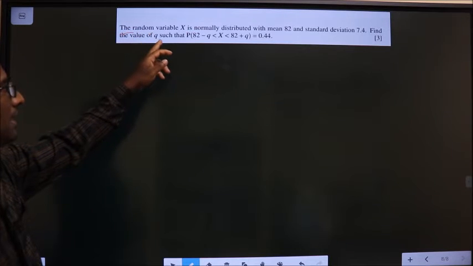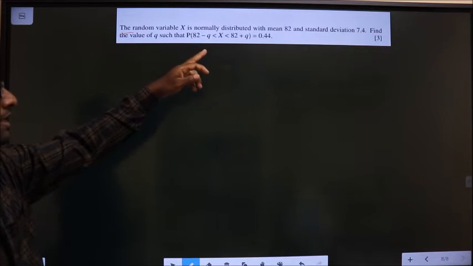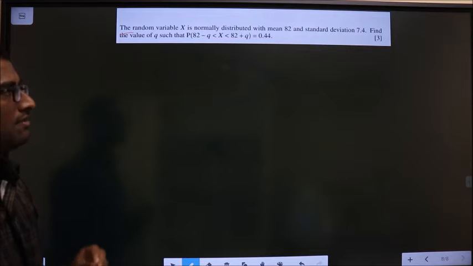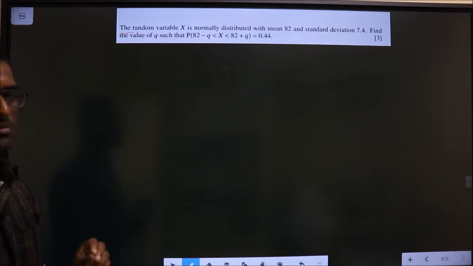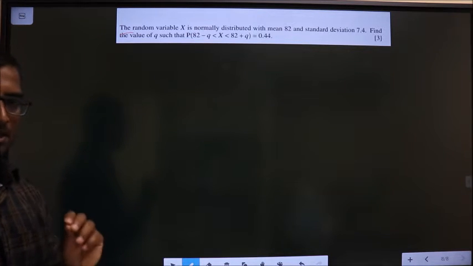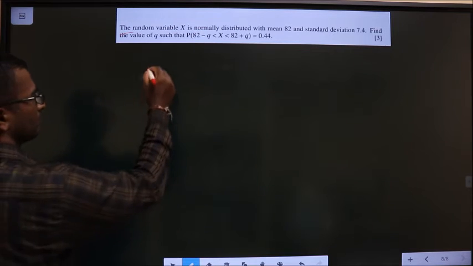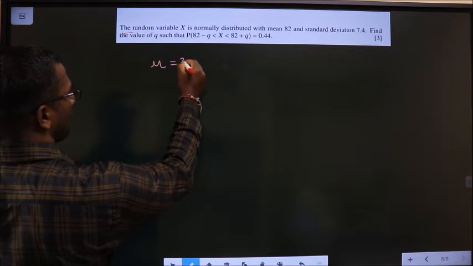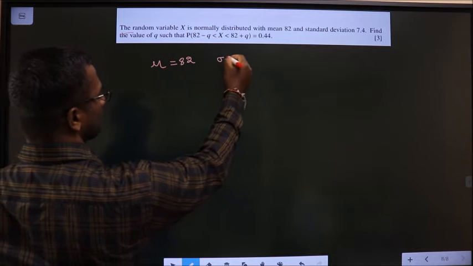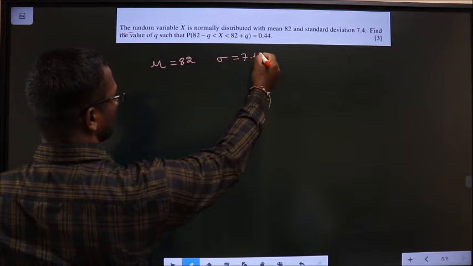The random variable x is normally distributed with mean 82 and standard deviation 7.4. You have come across information, make a note. Mean is 82. Standard deviation is 7.4.